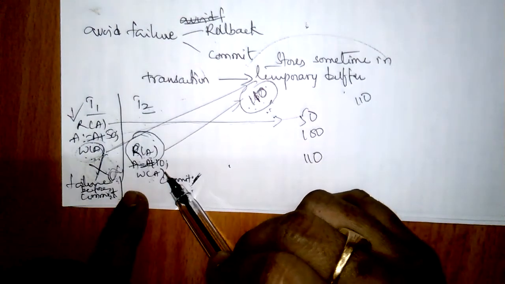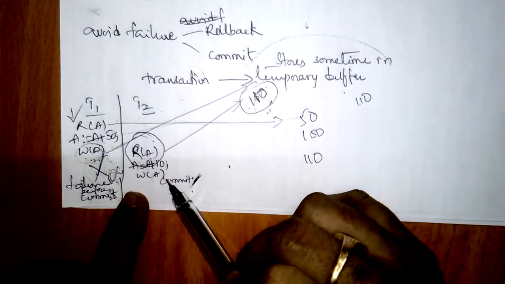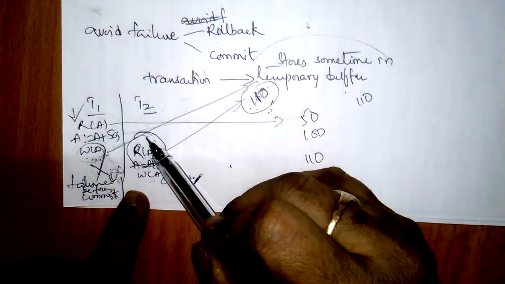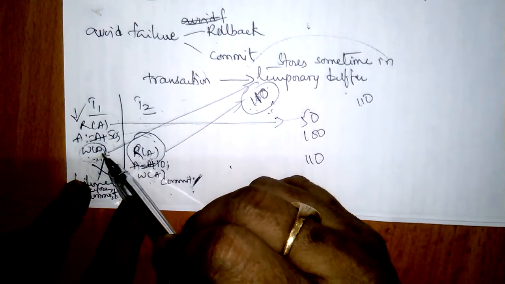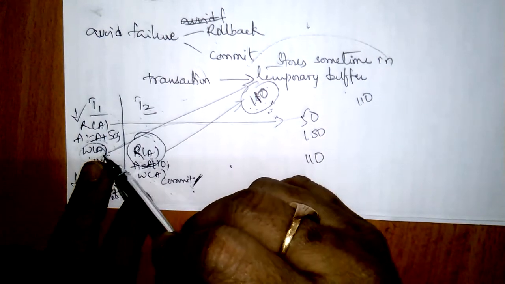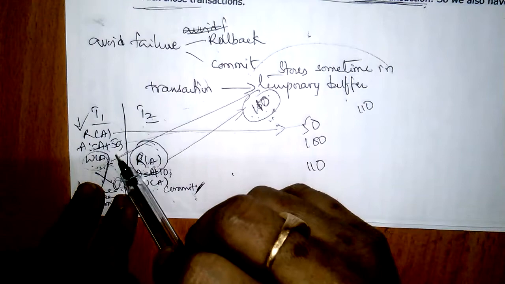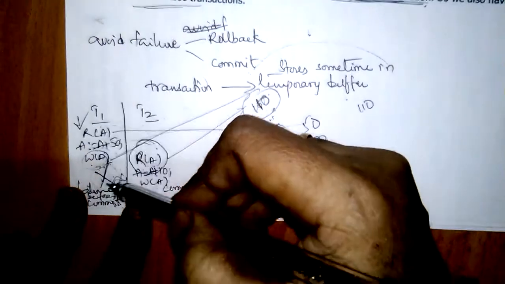So whatever transaction we have performed in T2, the A value is read from the transaction T1, which was performed before. So if this transaction T1 fails, we'll say T2 also fails.